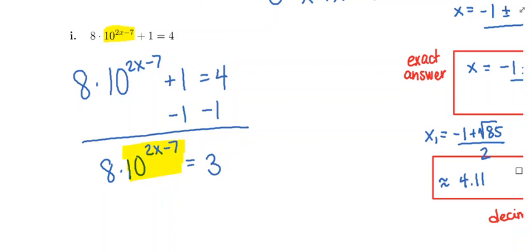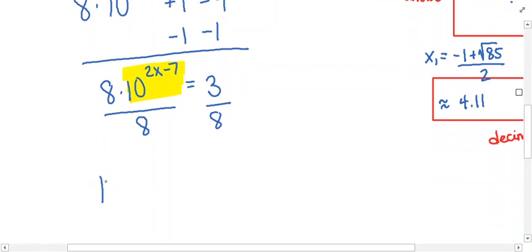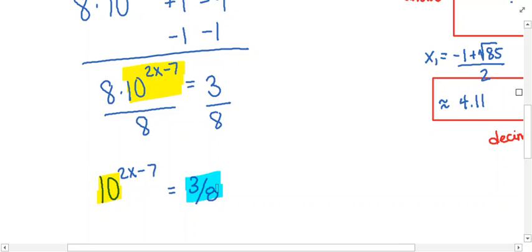So I'm going to get rid of the 8 by dividing it off. So I'm going to get that 10 to the 2x minus 7 power is equal to 3/8. So the base on the left is 10, the base on the right is 3/8. There's no way I can get those bases the same.